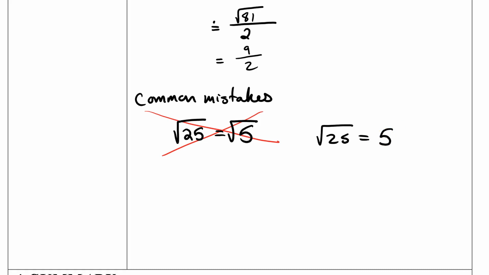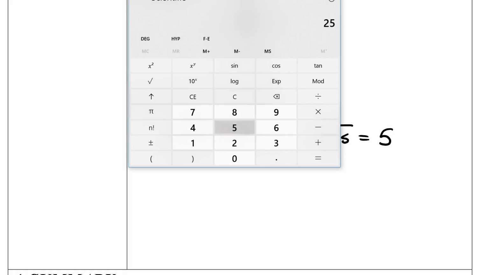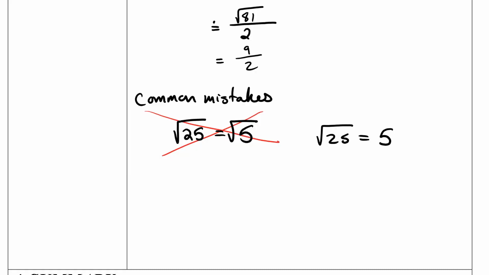That's it. This is a very common mistake because the square root of 25 is just plain old 5. If I were to take the square root of 5, that's definitely not 5, okay? It would be 2.236067977, and so on, going on forever.